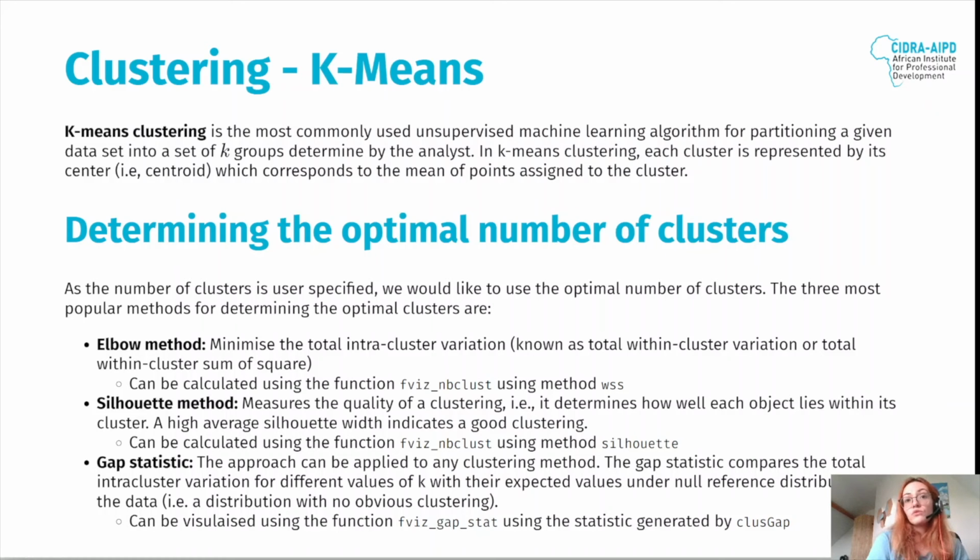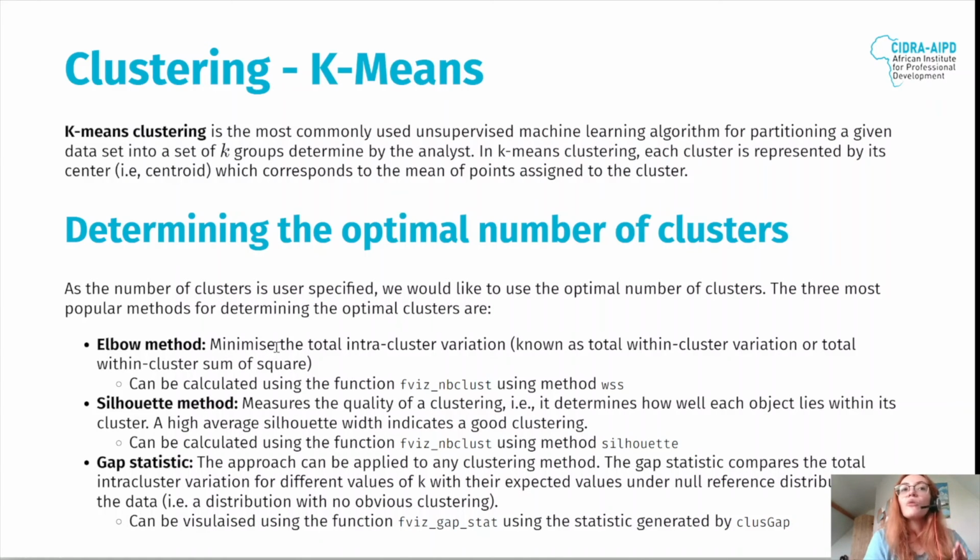This approach can be used with any clustering method, and it compares the intra-cluster variation for different values of k with the expected values under a null reference distribution of the data. Again, all of them have functions that were already loaded.